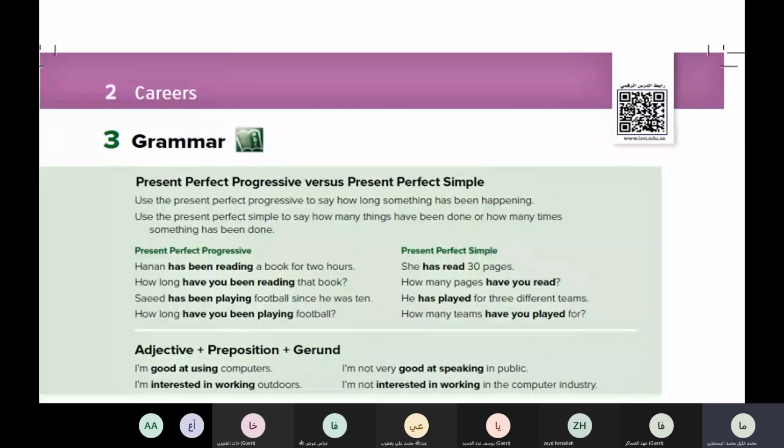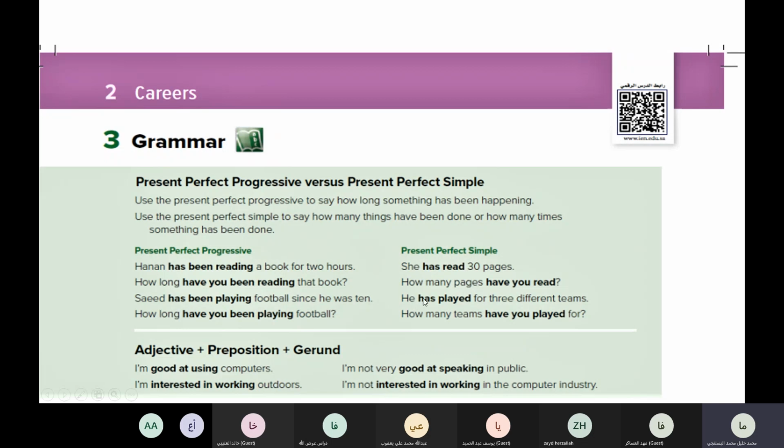Khaif, read. She has read 30 pages. We focus on what? Quantity, or the numbers. We focus on the number which has been done.